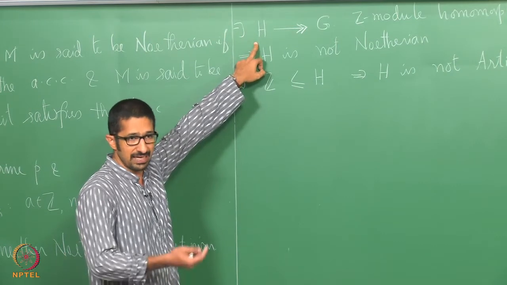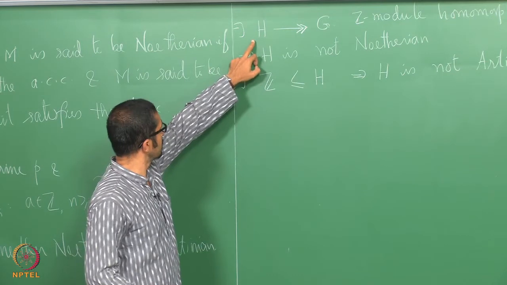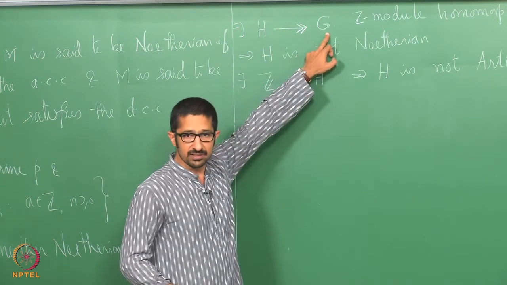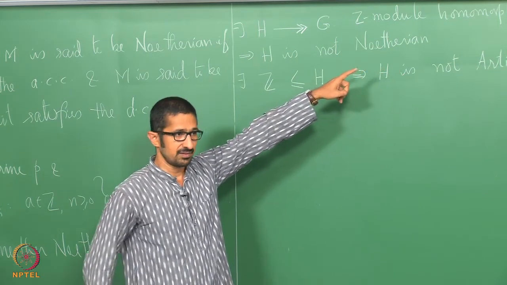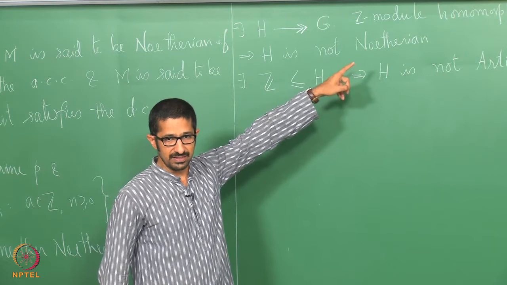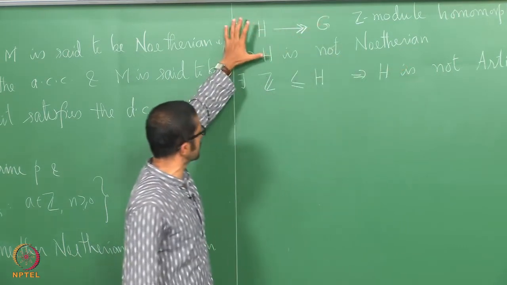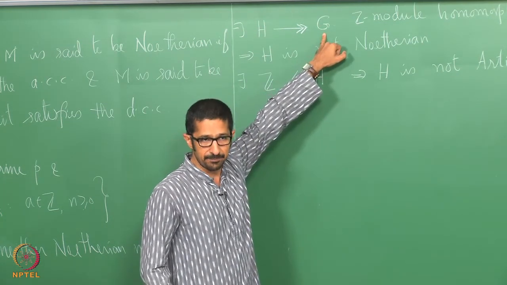Suppose we know that every ascending chain terminates. Now, look at that ascending chain in G. In G it cannot terminate. There exists a chain in G which does not terminate.